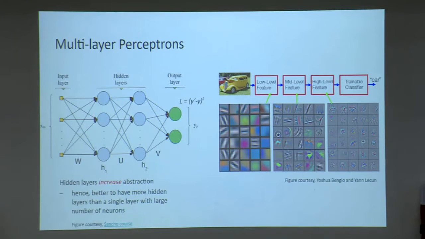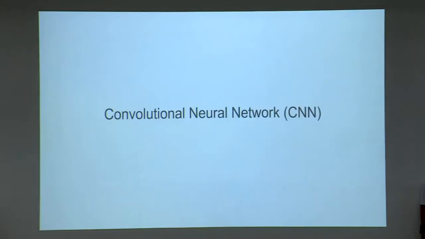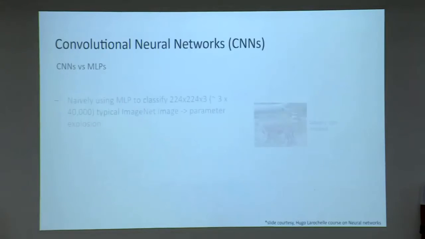It will go out of memory as well as out of computation power. So for image object recognition, we cannot use the simple multi-layer perceptron, and we need to use something called CNNs.